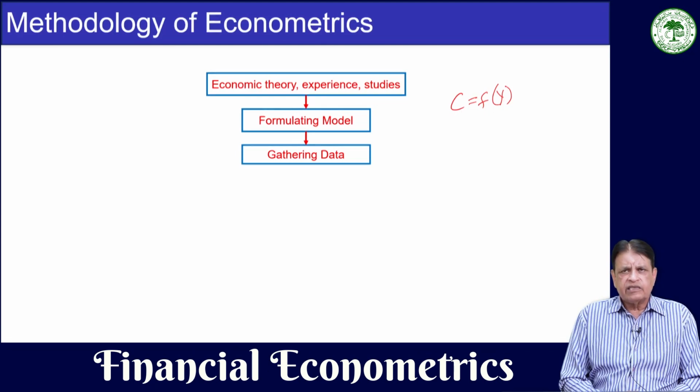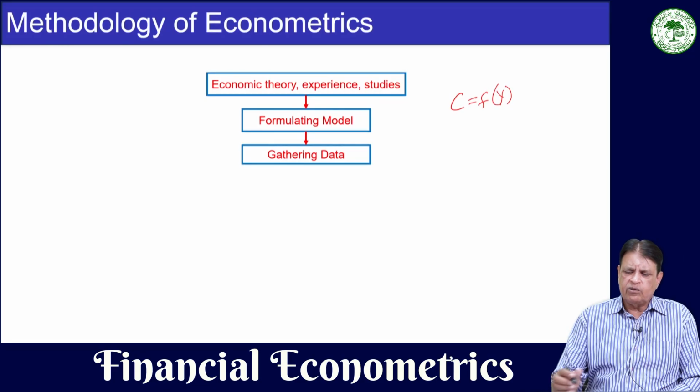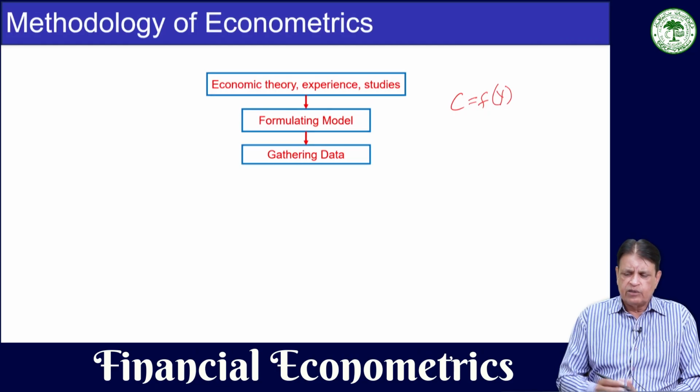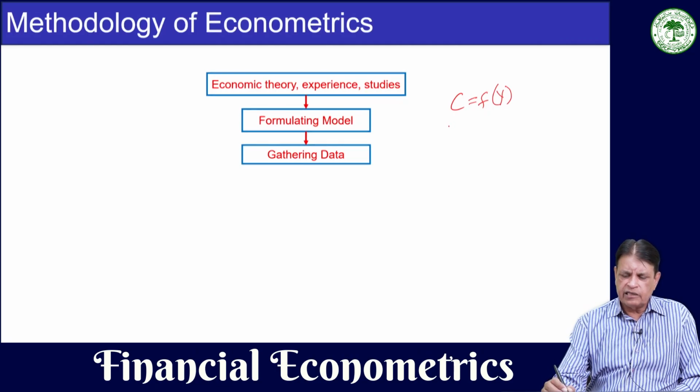The first thing that we have to do is write this functional relationship and find its form. How is consumption related to income? What is the relationship, whether it is a linear relationship or a non-linear relationship? So suppose we say that there is a linear relationship, and that linear relationship is like this.